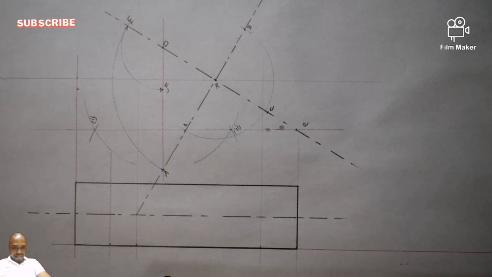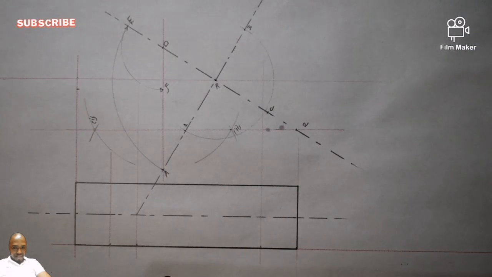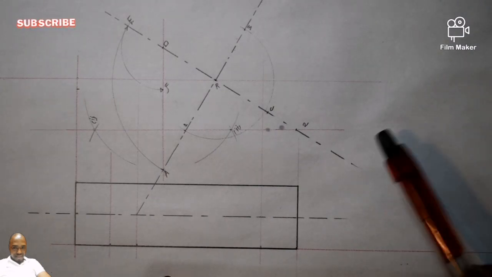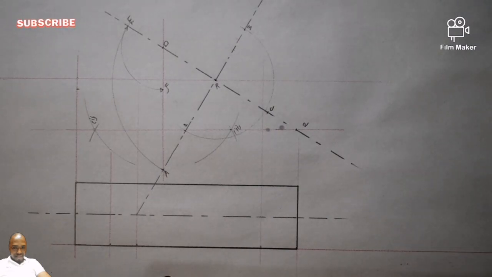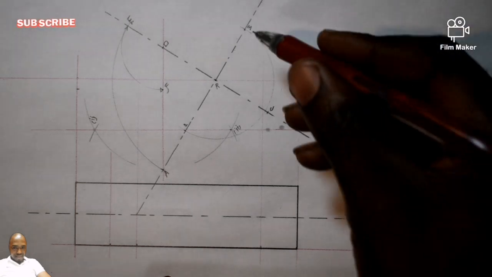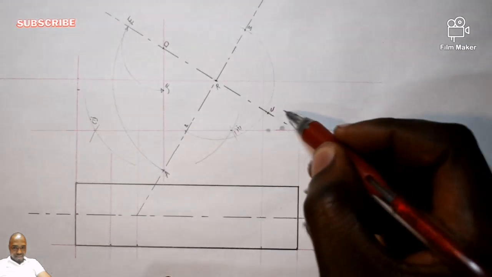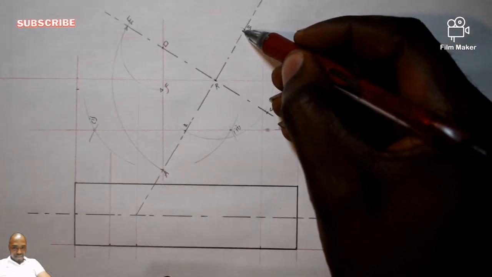So that's how you do an ellipse. Just go to my YouTube channel. There I've got several videos where I'm teaching how to draw an isometric, not isometric, sorry, an ellipse. You understand? So we've got point 1, point 2, point 3.